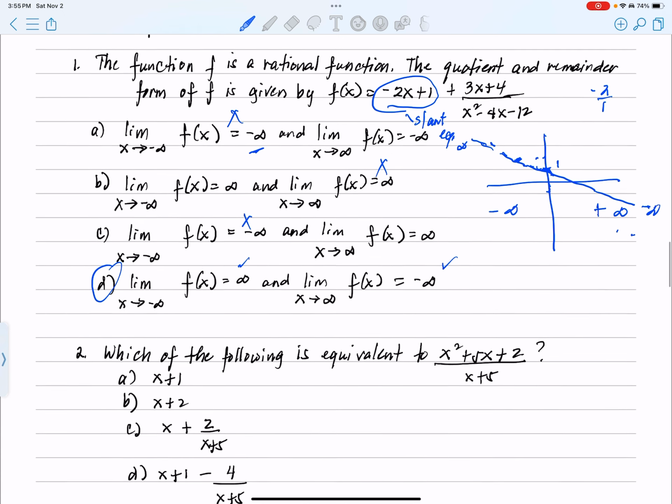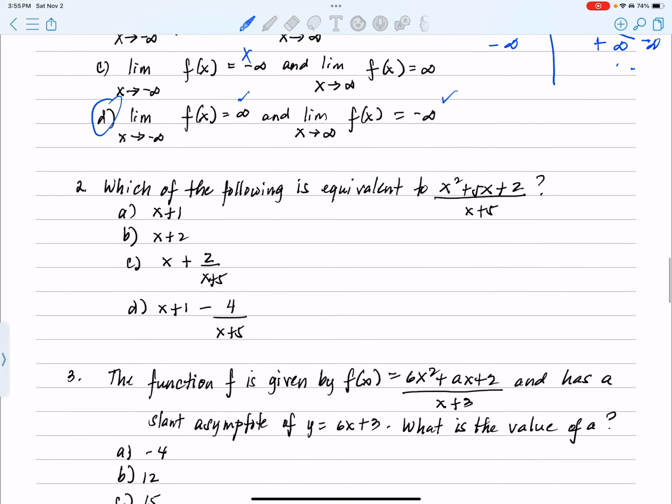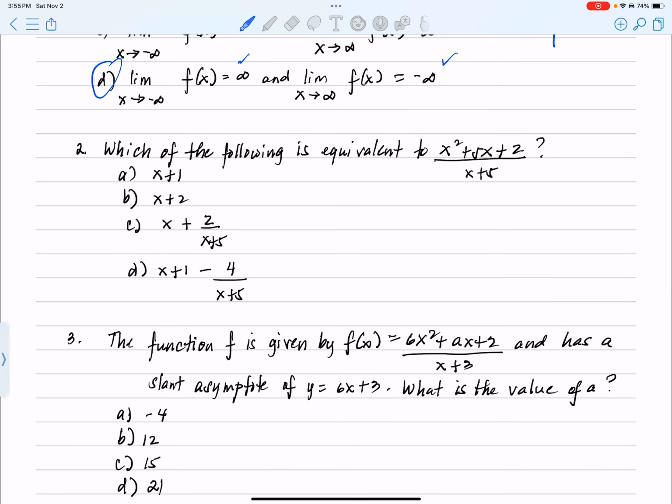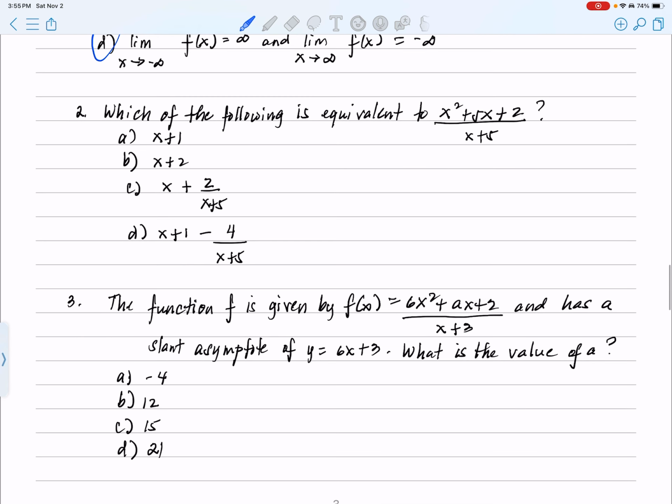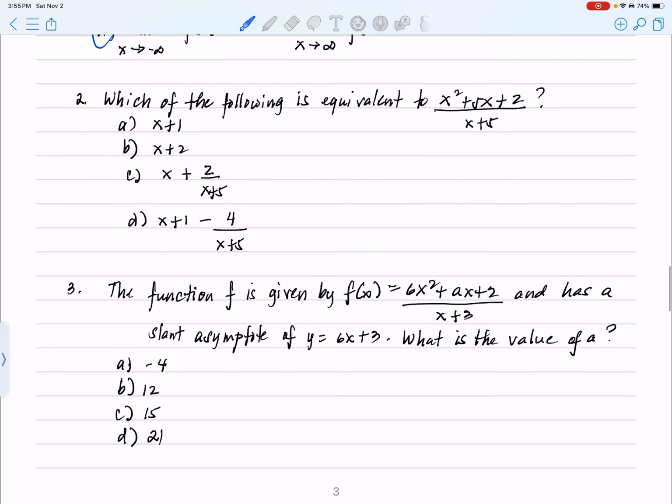Which of the following is equivalent to x squared plus 5x plus 2 over x plus 5? If we look at our choices, remember, when you have a multiple choice, look at your choices before you answer.